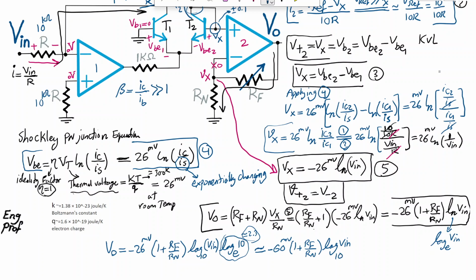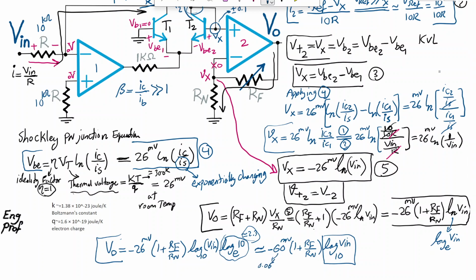Now the last thing: if I really want the circuit's output voltage to become exactly equal to log Vn base 10, neglecting the negative sign, that doesn't matter, I can just adjust that using another inverting stage. Then I need to set this 60 millivolt, remember, this is 60 millivolt, which translates to the number 0.06.